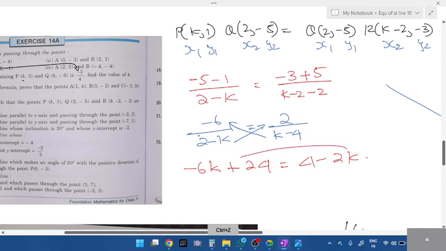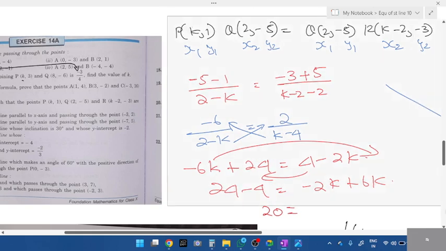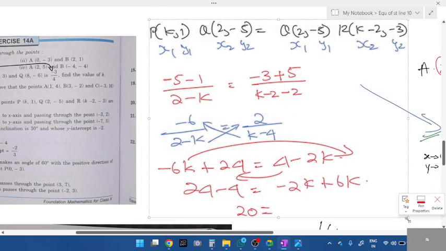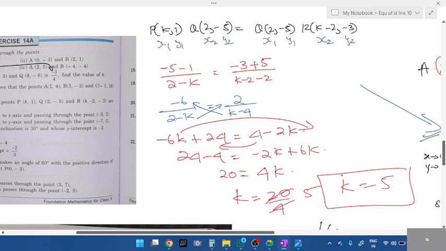So bring minus 6k to the other side, students, and 4 to this side. 24 minus 4 is equal to minus 2k plus 6k. 20 is equal to how much? Where did you go wrong, Tanishka? What's the answer, students? Is it 5? All of you respond. K is equal to 5.